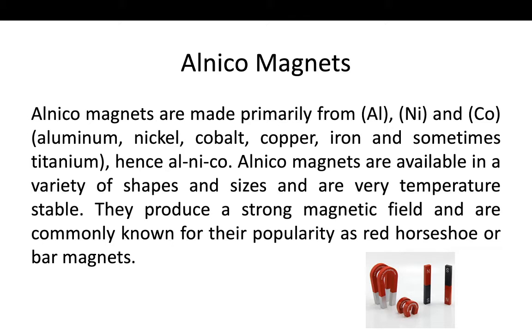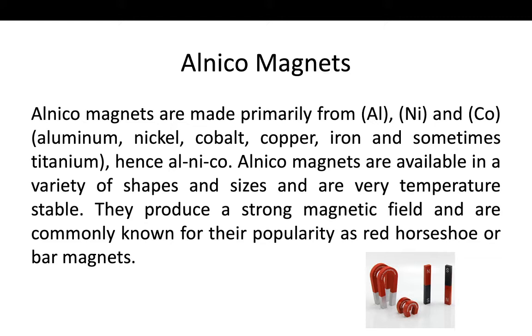So first of all, Alnico. Alnico magnets are made primarily from aluminium, nickel and cobalt. That's why they are named Al, Ni and Co. They can also sometimes be made with titanium.